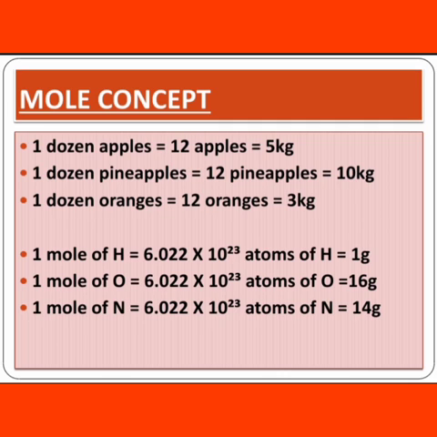So we know, children, for example, take the reaction of hydrogen and oxygen to form water. That is, two molecules of hydrogen and one molecule of oxygen give rise to two molecules of water, H2O. What does this reaction indicate? It indicates that two molecules of hydrogen combine with one molecule of oxygen to form two molecules of water.